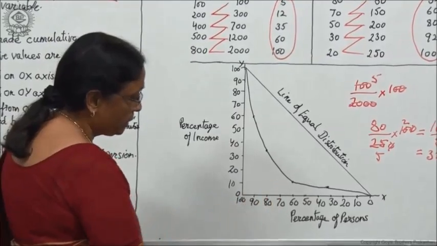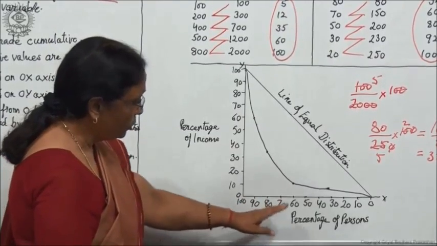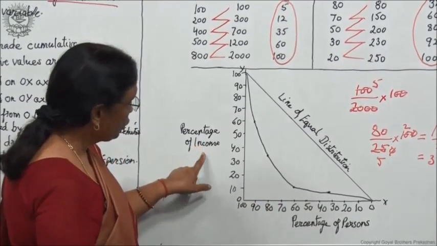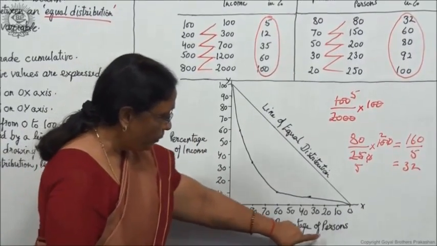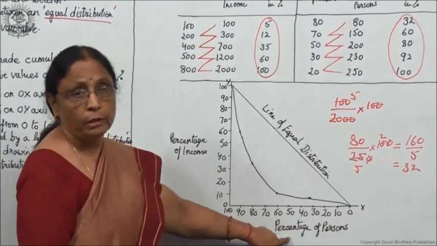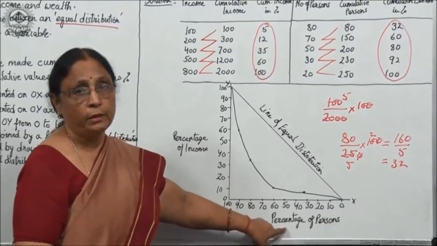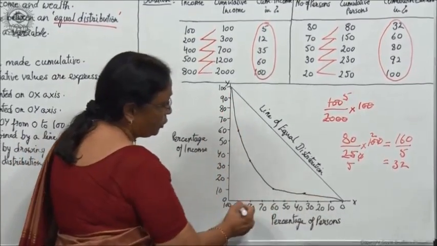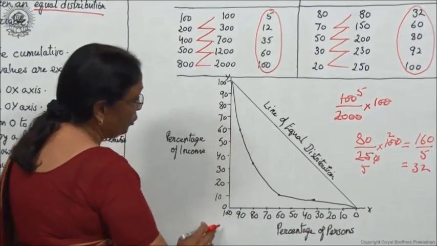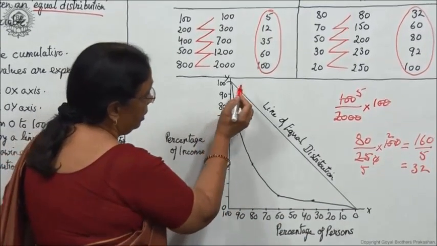On the x axis this is from 100 to 0. This is percentage of income, and frequency, as I told you, percentage of persons, is shown here. This is frequency, right.